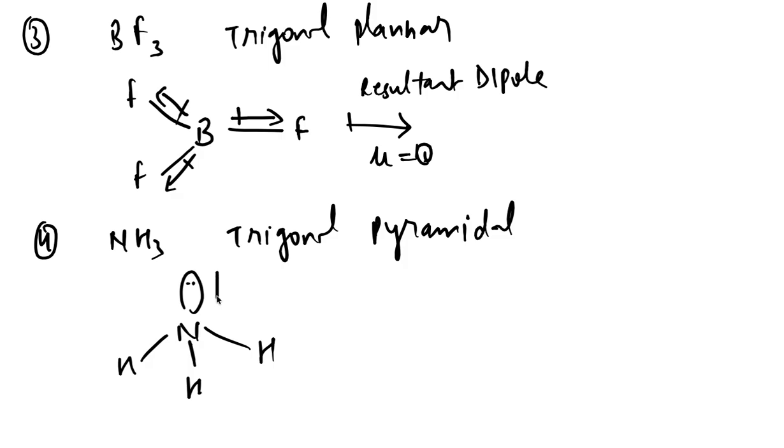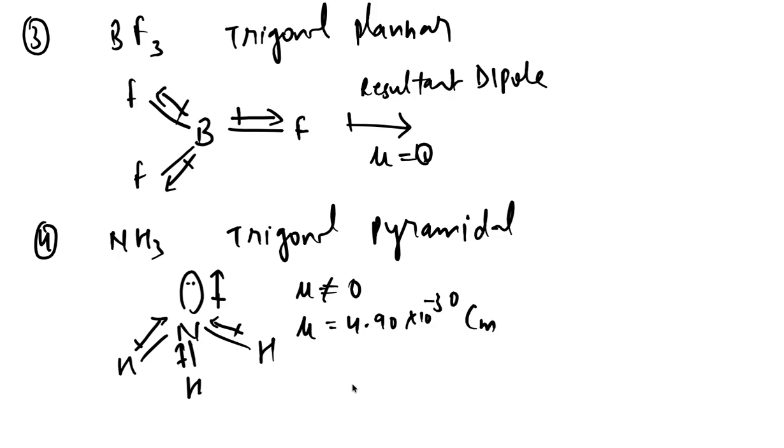I have already told you, when we have a lone pair, we show the dipole with an arrow towards it, and of course out of hydrogen and nitrogen, nitrogen is more electronegative, so we show the individual dipoles like this. From this figure itself it is obvious that it is not going to have a zero dipole moment. This will be a polar molecule, so in this case mu is not equal to 0. In fact, the mu in this case is 4.90 × 10^-30 coulomb meter.